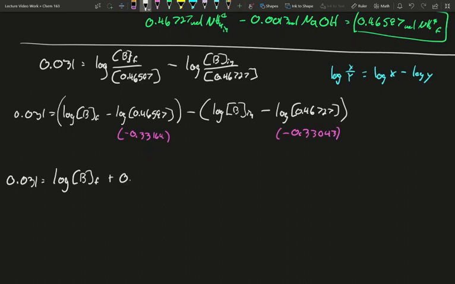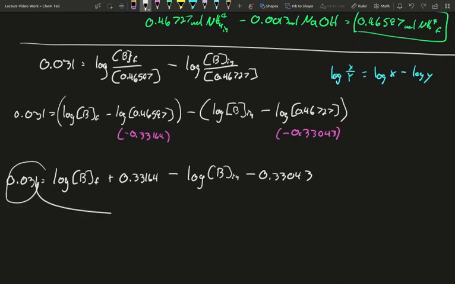So plus 0.33164 minus the log of the base initial, and then minus a negative. So 2 negatives for a positive, another negative for a negative, subtracting 0.33043.